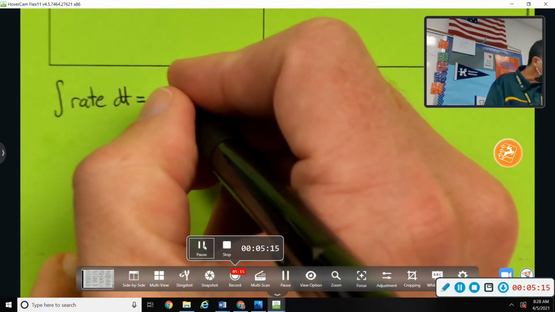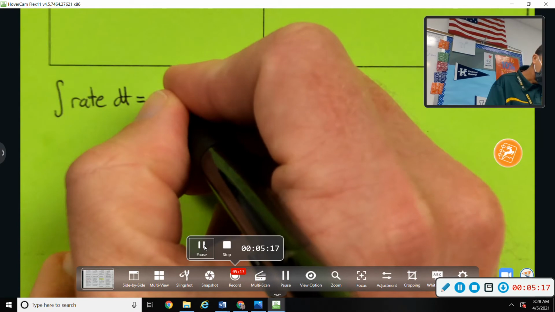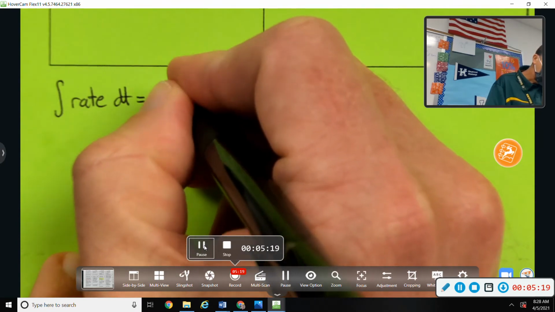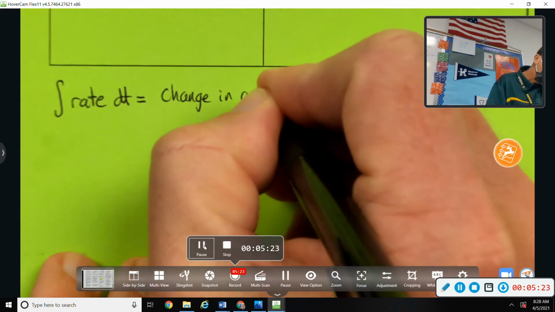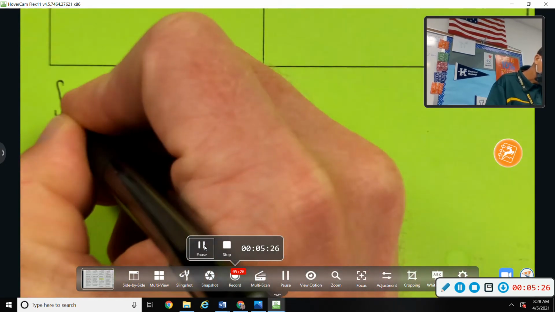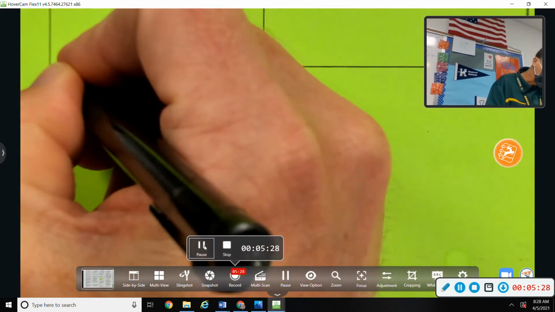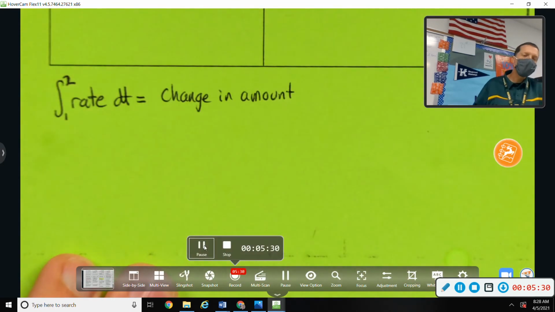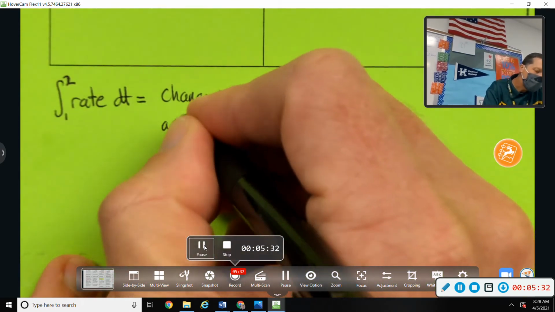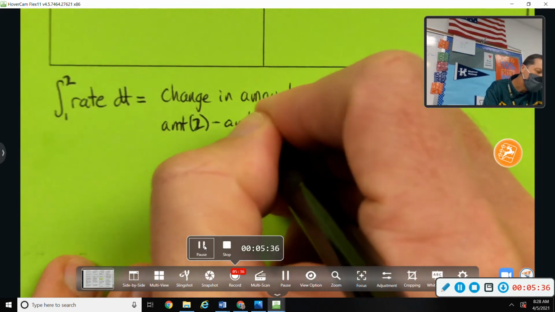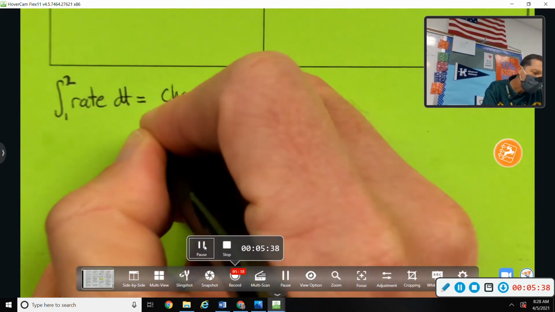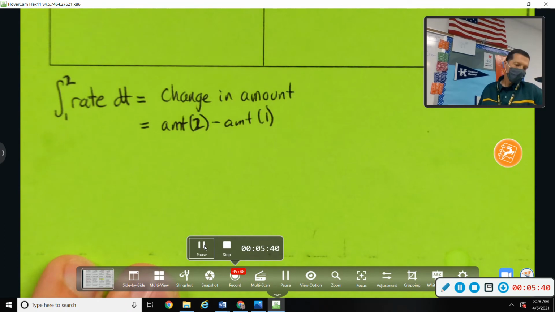You get the change in the amount. So if you integrated from 1 to 2 of the rate, it would be the amount at time 2 minus the amount at time 1. If you integrate the rate, you get the change in the amount.